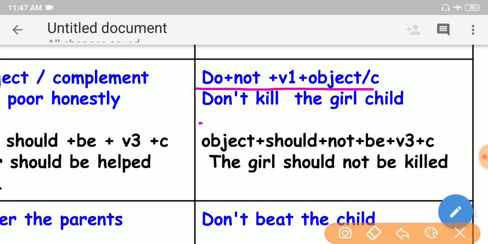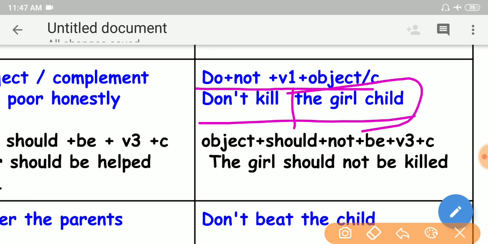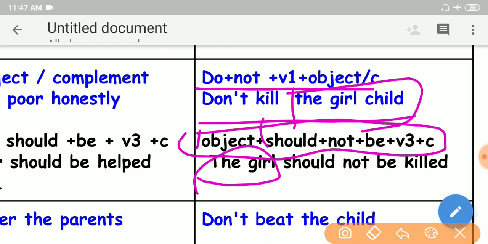Don't kill the girl child. Girl child also refers to a human child. That's why this type of formula is more appropriate, my dear friends. So "The girl child should not be killed." Object is used, should is used, not is used, be plus V3 is used. This is the passive for "Don't kill the girl child."